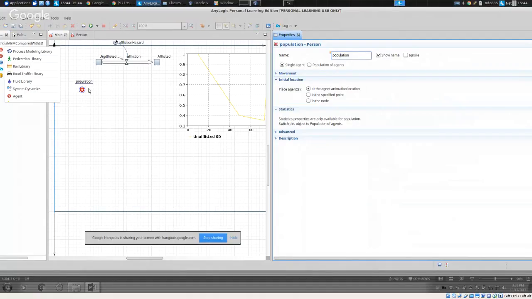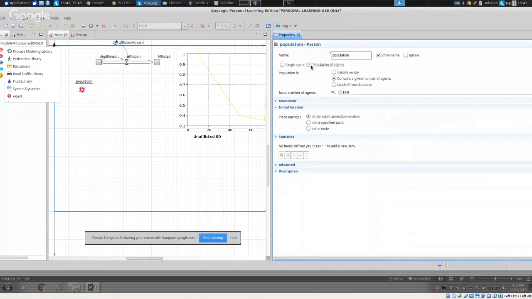To wit, this thing we dragged in, we dragged from the Person class into Main. We created this so-called embedded object. But we need to change this to be, up here, a population of agents. Population of agents here, boom. And we will make it, ladies and gentlemen, 1,000 agents.